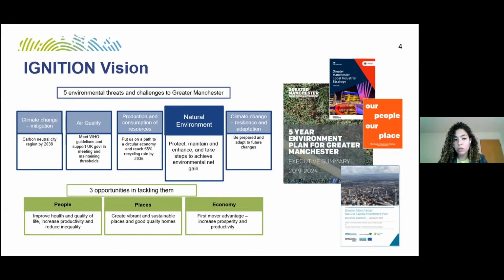And this is where we started. We started by tackling one of the major challenges for the environment identified by GMCA, and we started looking at how we can fit within this natural environment challenge and how we can build on people, place, and economy as the major drivers.